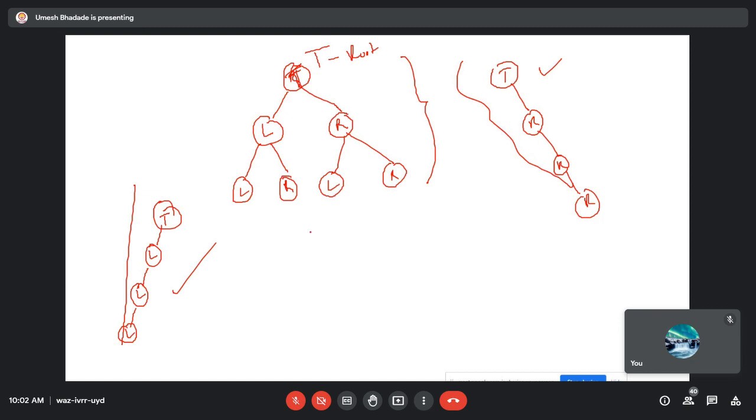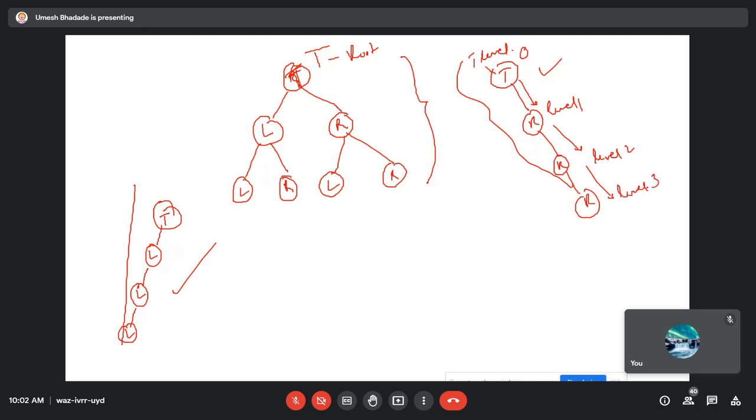Those are called levels. Now, in this case, the root node T has level 0. The root node will always have level 0. The next node will have level 1, the next node will have level 2, and so on.